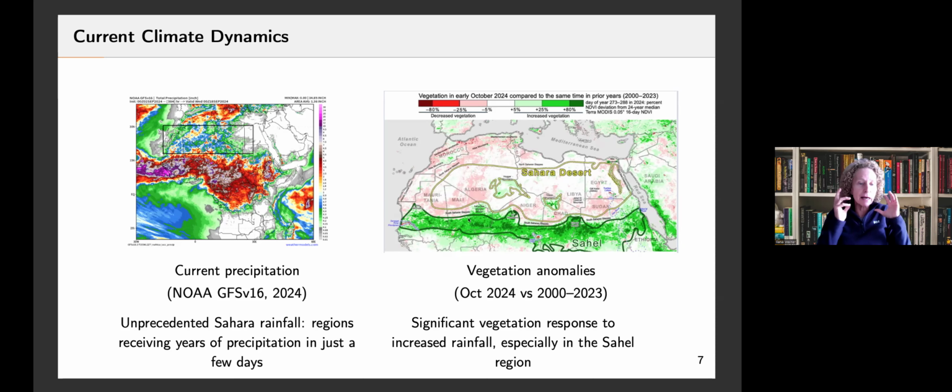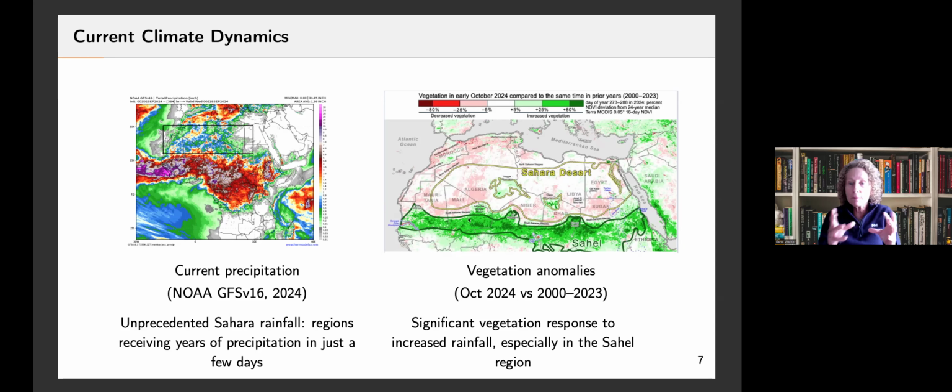And you see you had unprecedented rainfall. You had these regions receiving years of rainfall in just a few days. And then you have a significant greening, a significant response to this added water.